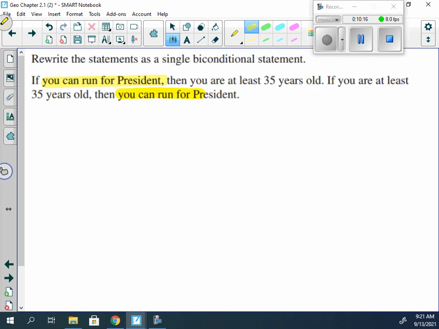Then we have, you can run for president as the conclusion of the second one, yes? But are those the same statement? The conclusion of the first statement was you're at least 35 years old. The hypothesis of the other one is you're at least 35 years old. So that's one way that we can write this as a single biconditional statement.